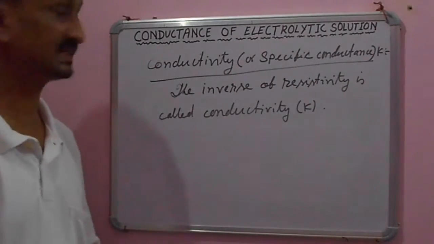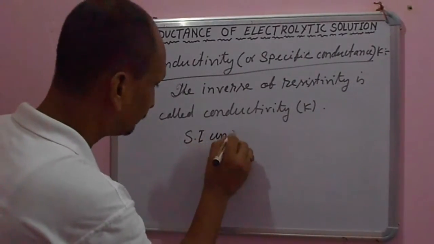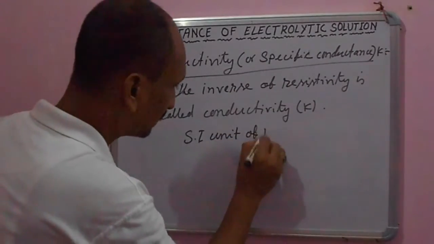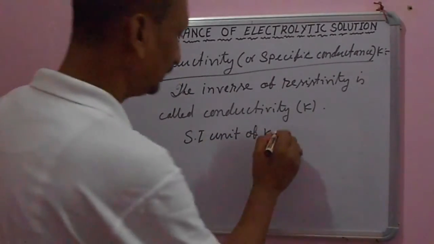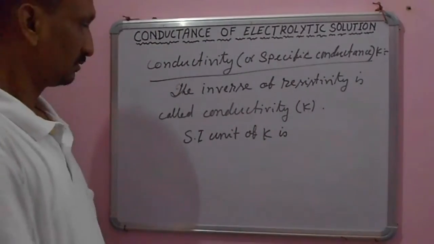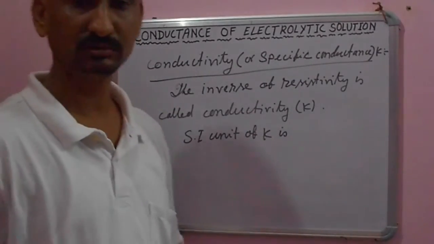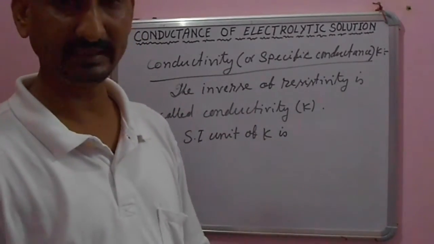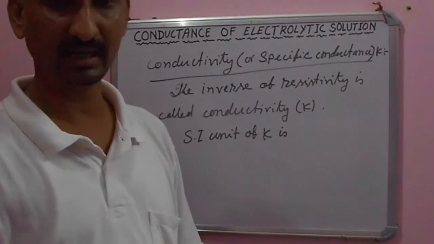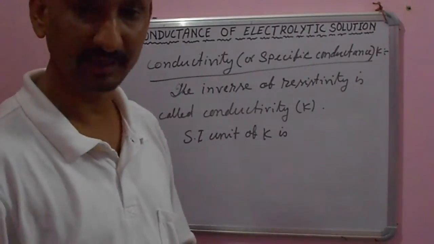So what will be its SI unit? The SI unit of kappa: kappa is equal to 1 by rho. The unit of rho is ohm meter, so the unit of kappa will be ohm inverse meter inverse.